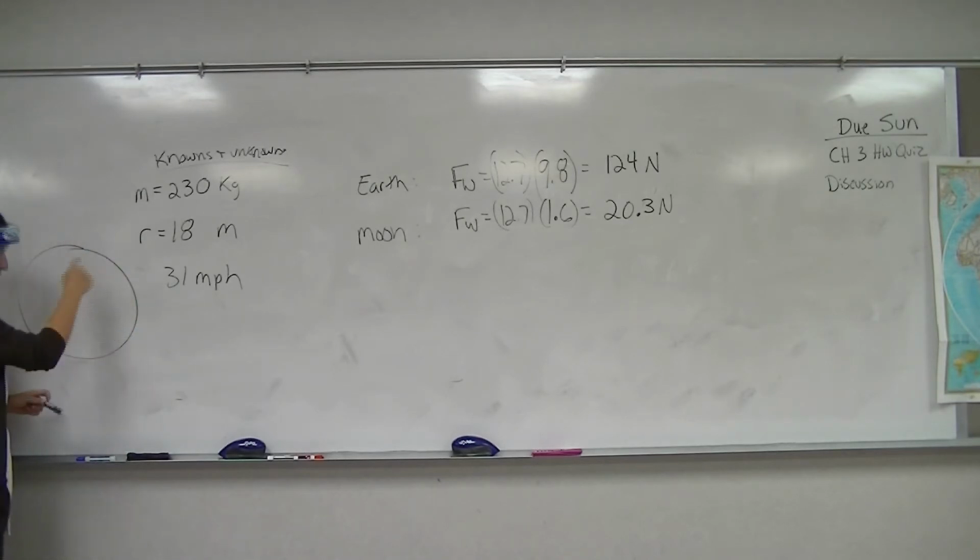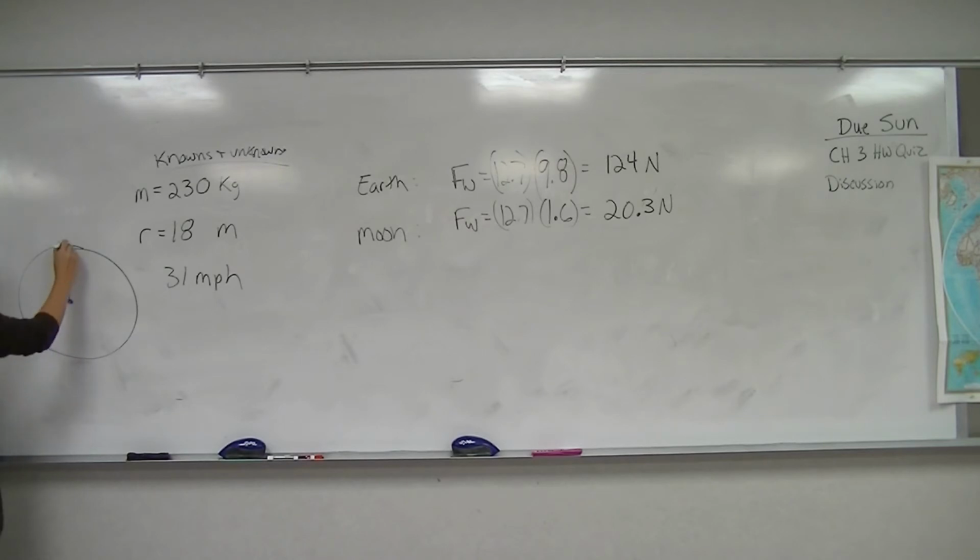A turn, a curve. So they say the distance is radius, because radius is half of that circle. This is your R. So it's still a length, just like distance is, D, but they call it radius and label it with R because it's centripetal force and it's the centripetal acceleration that we're calculating.